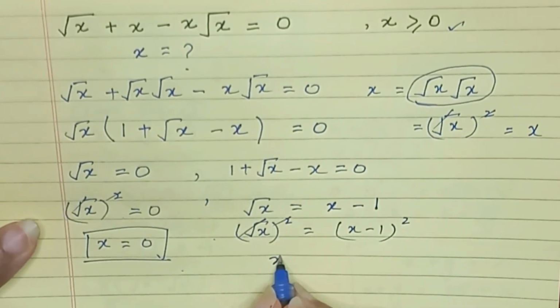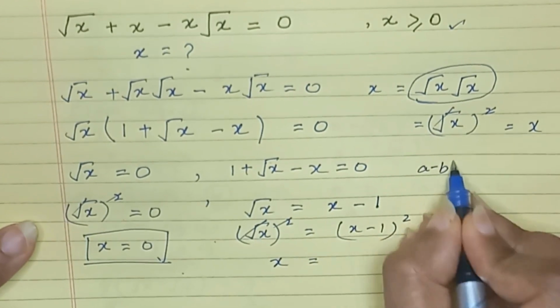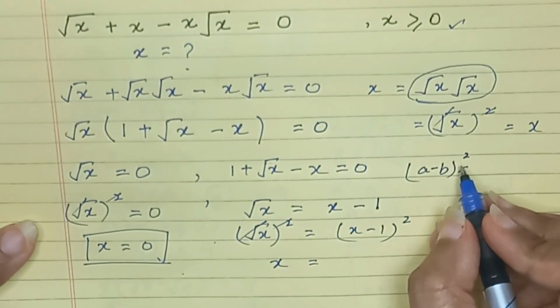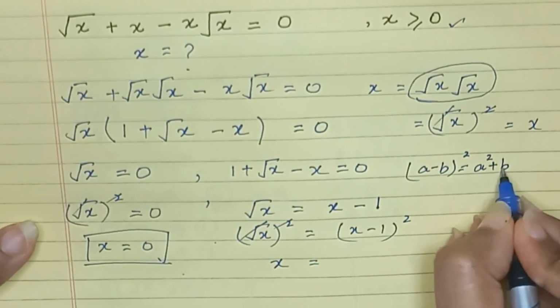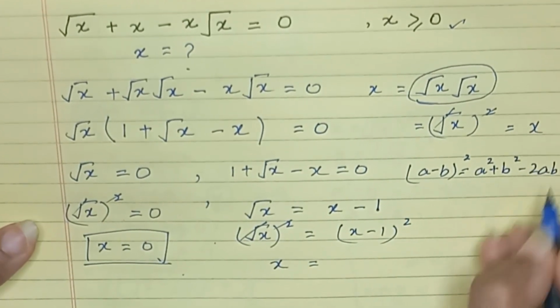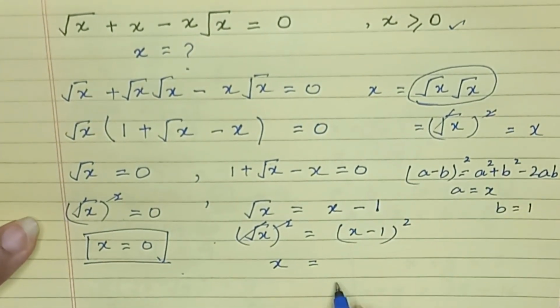So from here we have x is equal to, (a minus b) whole square is equal to a square plus b square minus 2ab. Here a is equal to x and b is equal to 1.